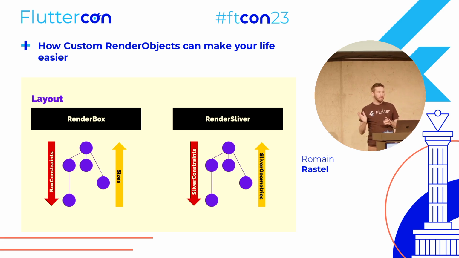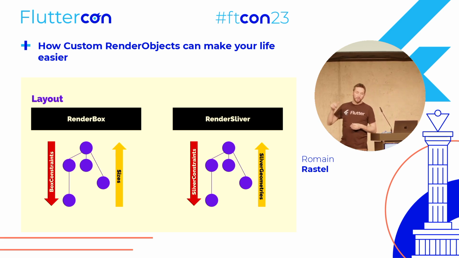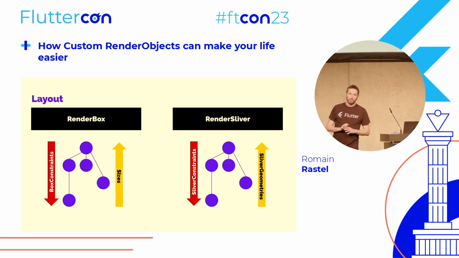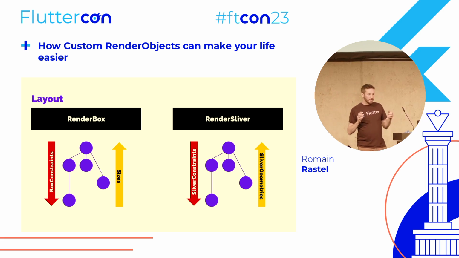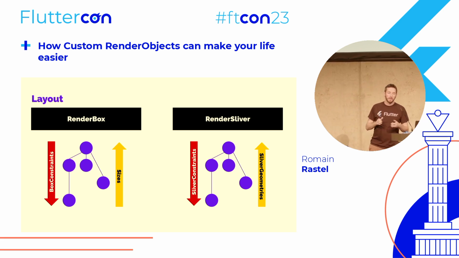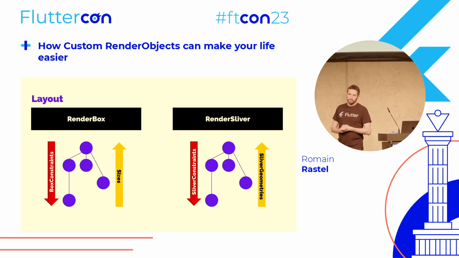There is a difference between a render box and render sliver, but it's mainly in the name and the properties of the component. But the logic is the same. We give constraints to the render object. Those constraints tell it how big and how small it can be. And the layout has to compute the size of the render object.